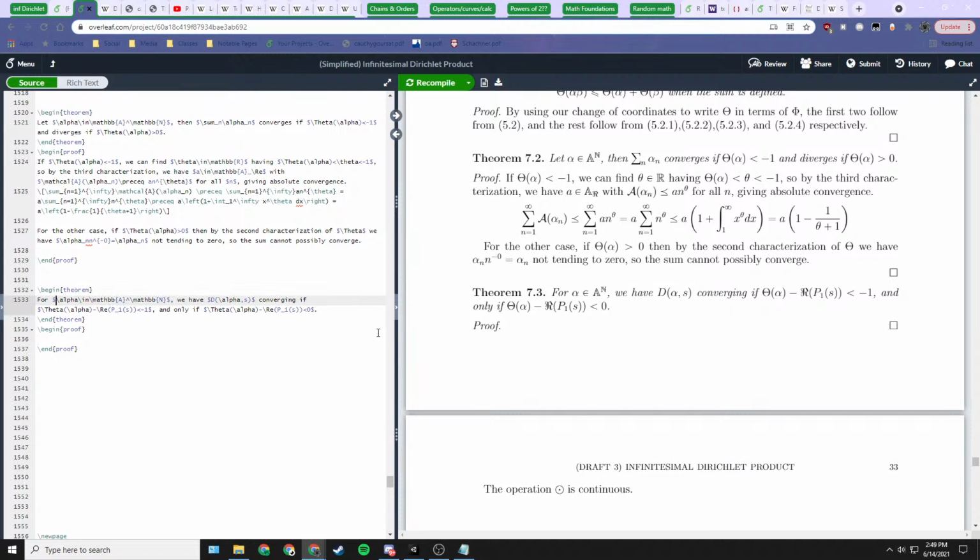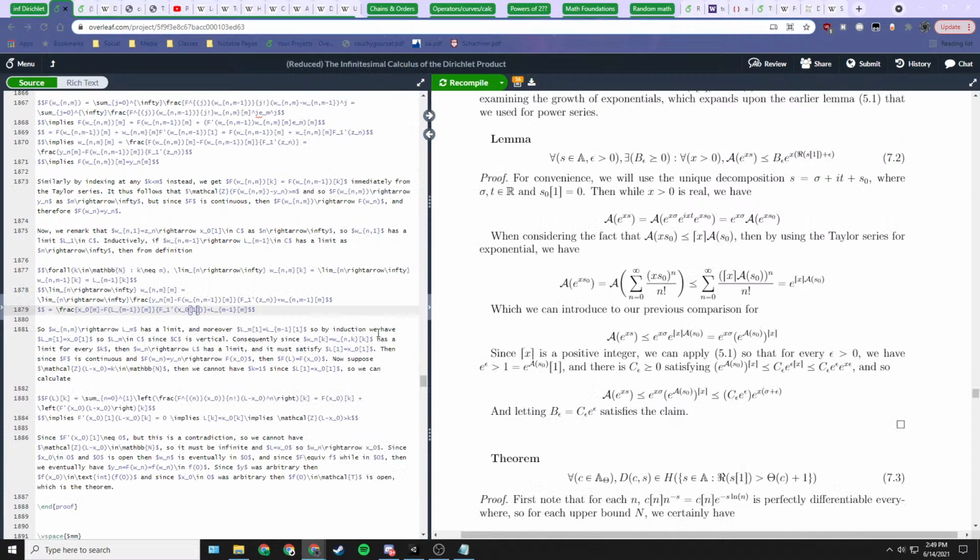So our theorem will be, for s and a, we have the phi value of the sequence e to the power of sx indexed by x in real positives is the real part of the P1 of s, I think.